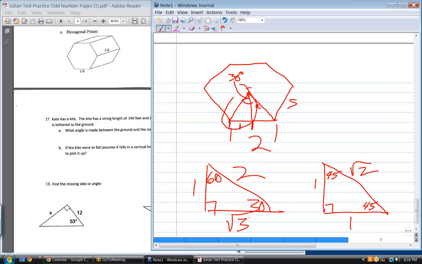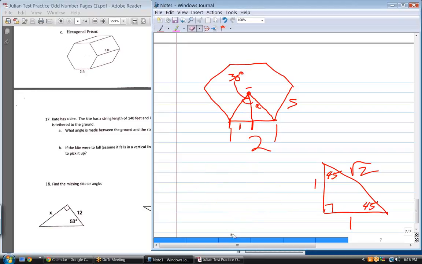They're not always these dimensions, but they're similar. Once you recognize they're similar, then you can figure out what the dimensions are. Well, in this particular case, the side opposite the 30-degree angle is 1. So what's the apothem?